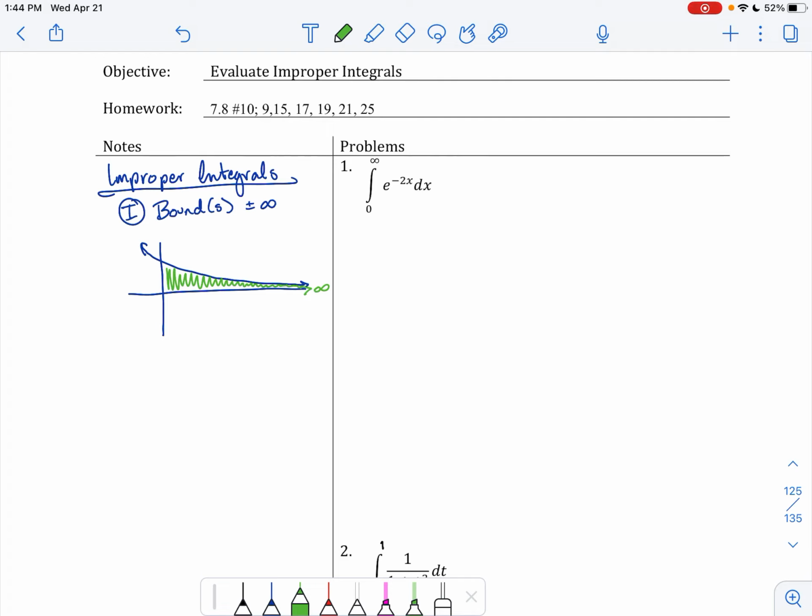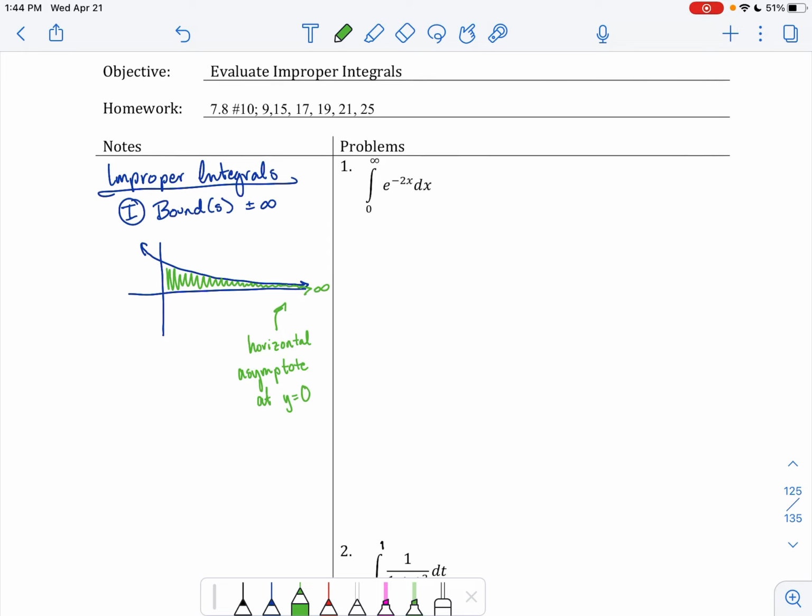So the area might actually, what's called converge, meaning that it goes to a number. So the horizontal asymptote is necessary, and it has to be at y equals 0.